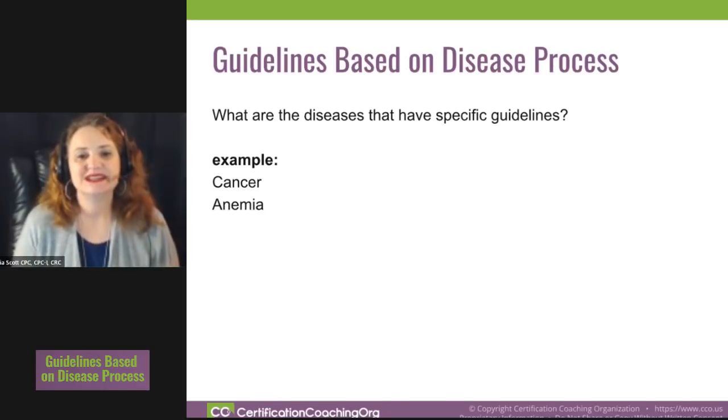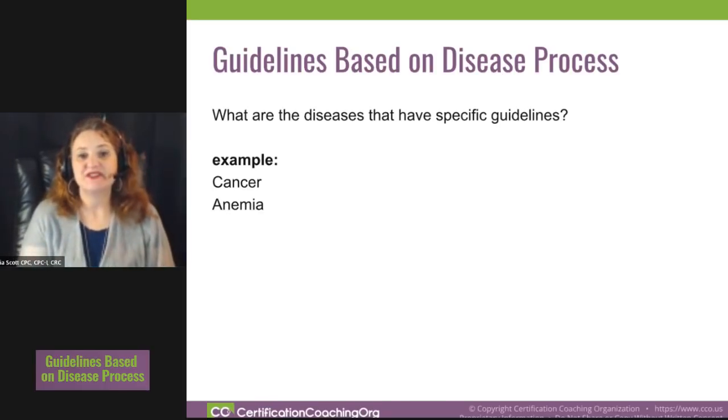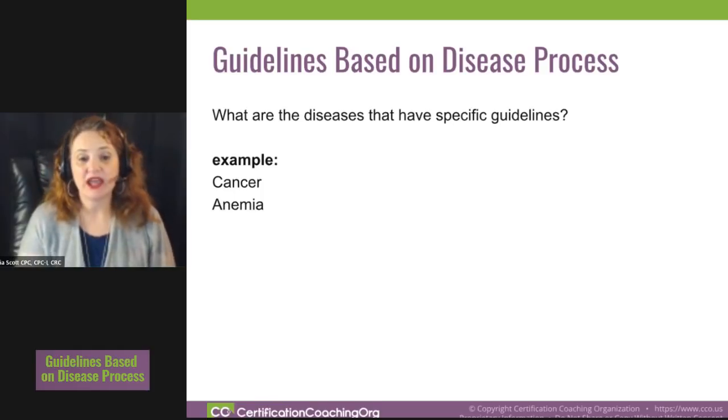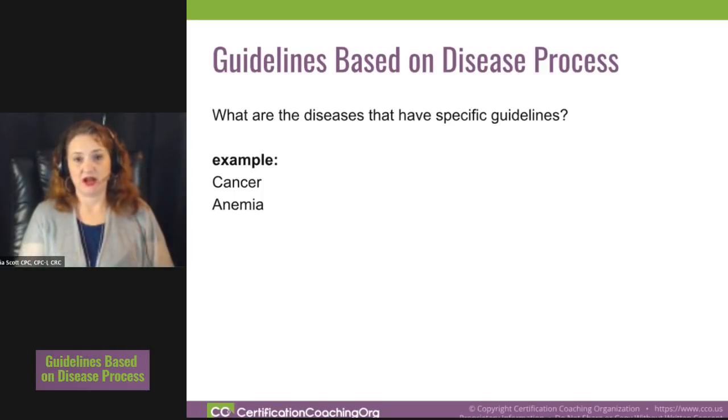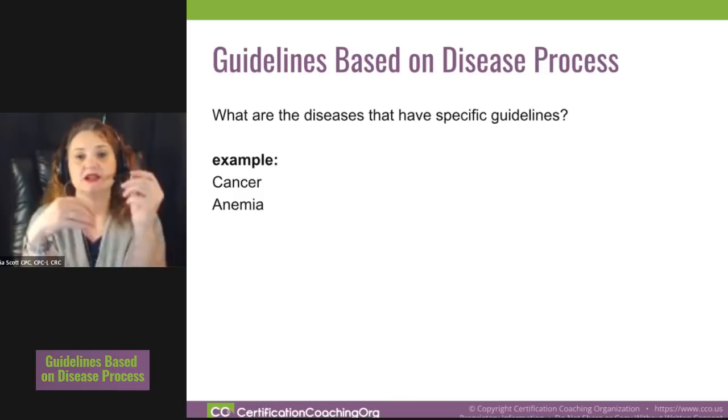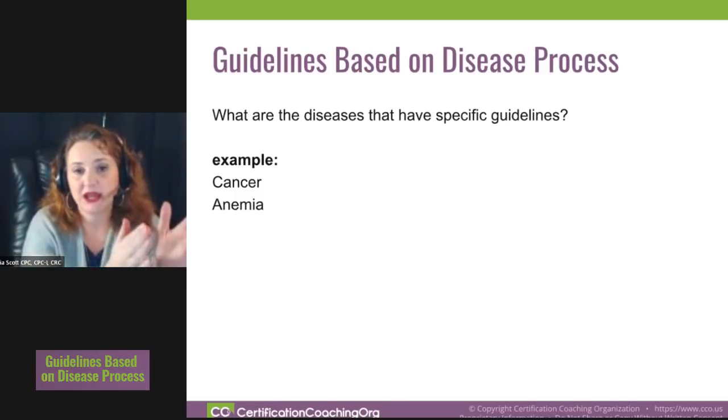What are some diseases that have specific guidelines based on a disease process? Now, I came up with two that are very common besides diabetes: cancer. The guidelines for cancer are very blatant, especially when sequencing. There are the guidelines for primary malignant cancer, secondary malignant cancer, and the sequencing that's dealt with that.